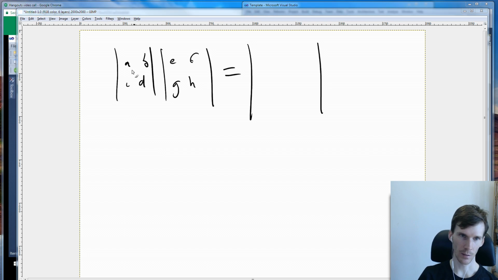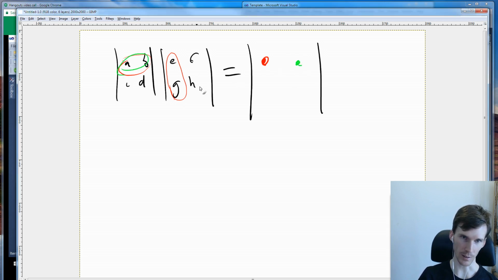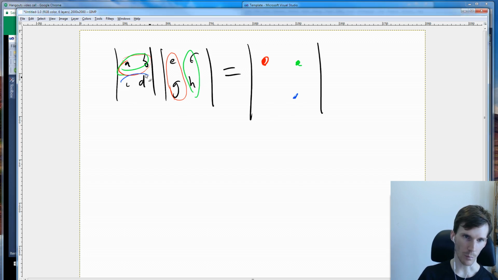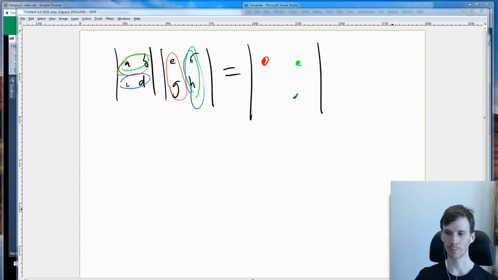For this one here, well, you take, what did I say? It was a crossing down. So we take these two and then these two, and then for this one you take, we're still on the top row, so we take that and we take F and H, and if we did that one, we take the bottom row and that one and so on.